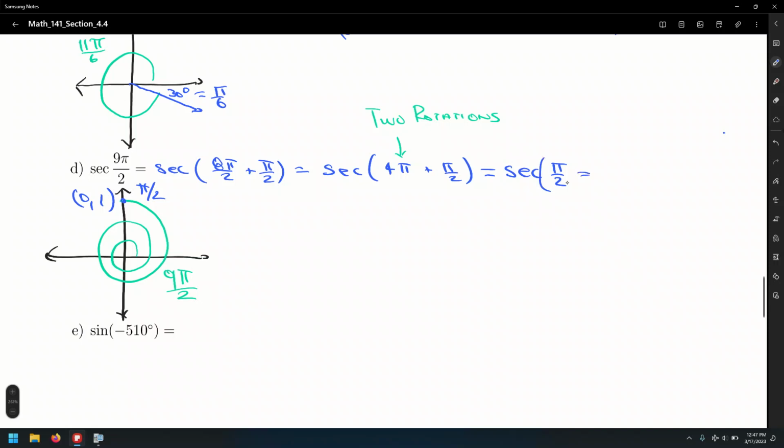We know secant of pi over 2 is the same as 1 over cosine of pi over 2. All right, from the unit circle, what's cosine of pi over 2? 0. So that's going to be 1 over 0. And what's 1 over 0? Undefined. All right. Let's do letter E.